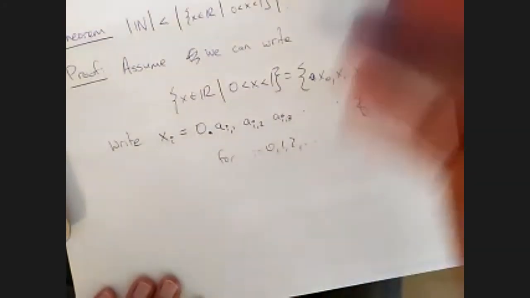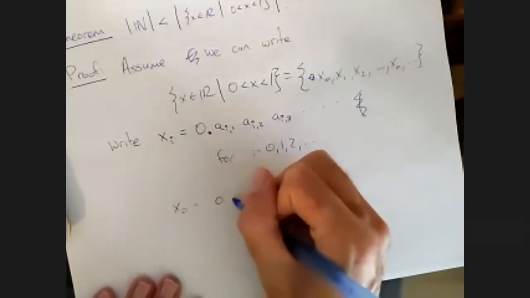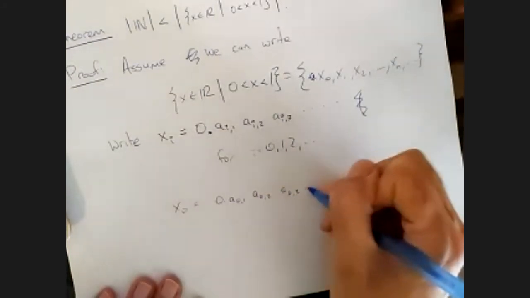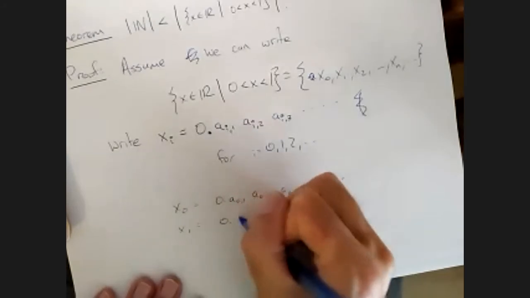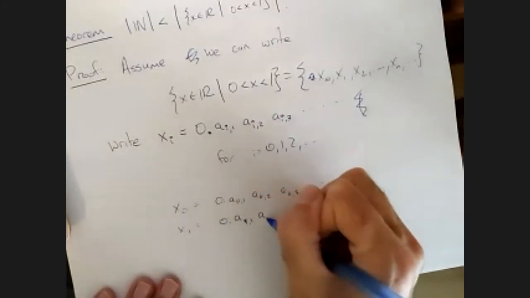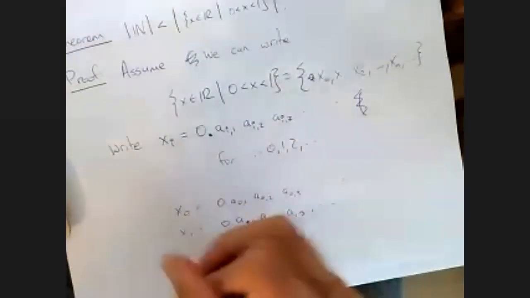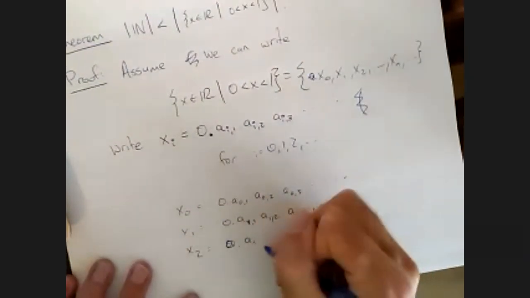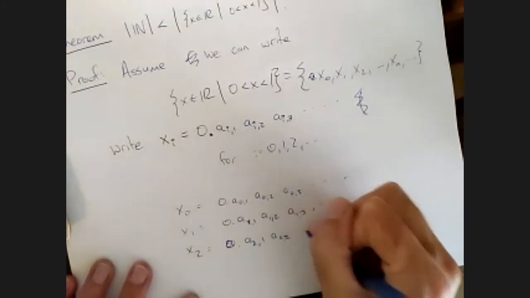Okay, so now let's write down all our decimals. We have x0 is just 0.A01, A02, A03, and so on. And x1 is 0.A11, A12, A13, and so on. And x2 is 0.A21, A22, and so on.